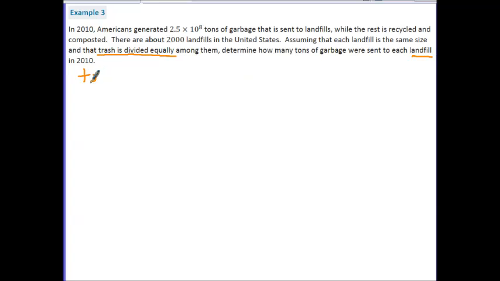So this would be tons of trash over the number of landfills. So let's start with our number. Americans generated about 2.5 times 10 to the 8th tons of garbage. And we're going to divide that by 2,000 because that's the number of landfills.